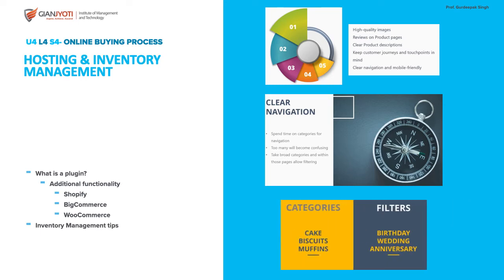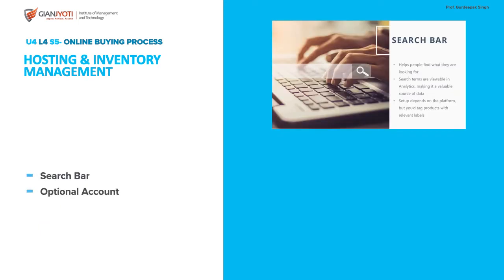So for example, I put the category, as you can see, this is a bakery which is using the e-commerce platform. Categories: cake, biscuits and muffins, only 3. Now what sort of a cake? So another filter, then there could be a sub filter and so on. So birthday, wedding or anniversary. So this is what I meant by categories and then filters.